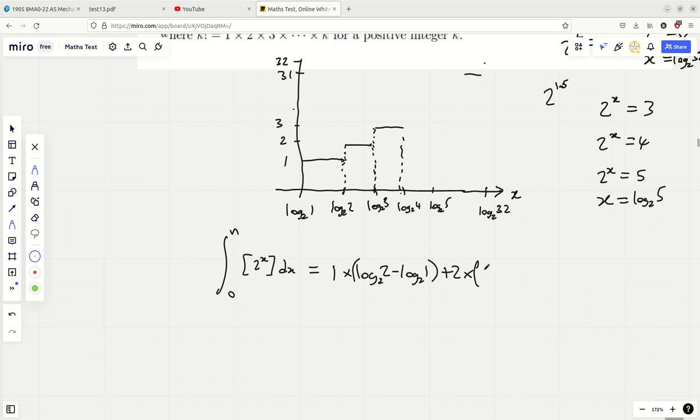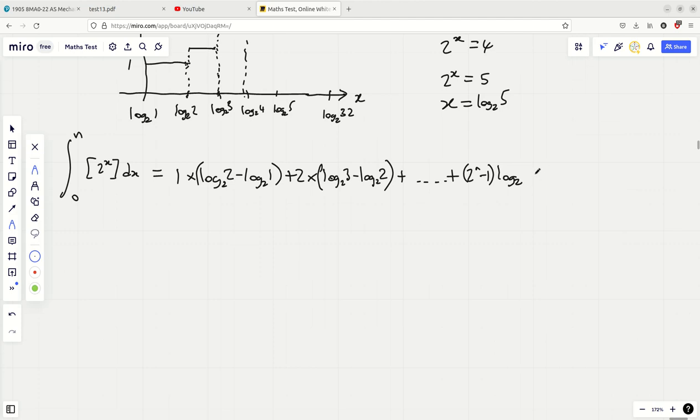Really, now you've cracked the question. You've just got to be careful with how you do the rest of it. Log base 2 of 3 minus log base 2 of 2, plus dot dot dot, and generally you're going to be going up to, now if you look, this is always the same number as that one in there. So, and also, like I said, we've got to go up to n, 2 to the n minus 1 here, times by log base 2, and let me just move the screen over so I've got plenty of space.